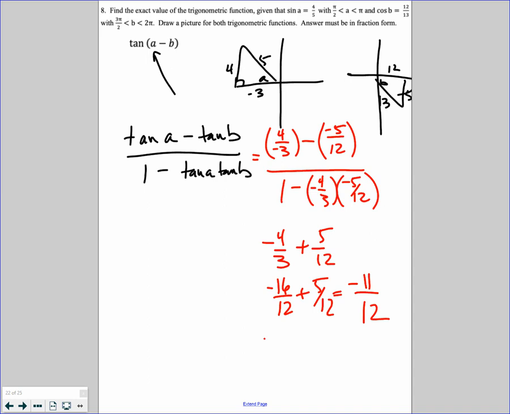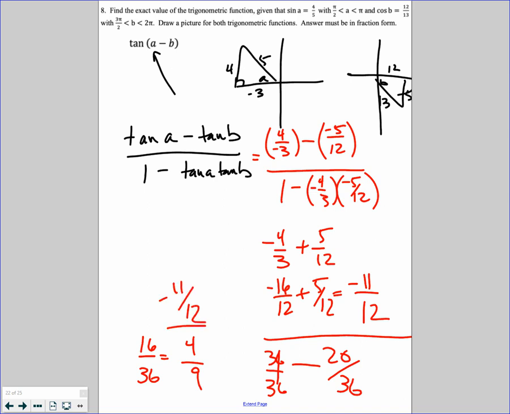Bottom: a negative and a negative and a negative. So it's going to be negative 20/36. So 36 minus 20/36 is going to be 16/36, which reduces to, I take a 4 out of both the top and the bottom, 4/9.